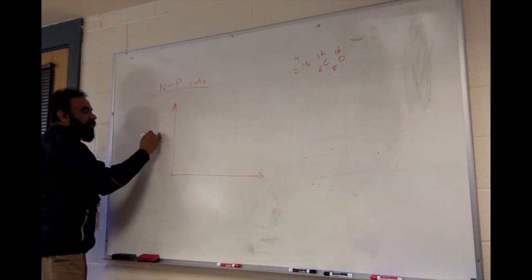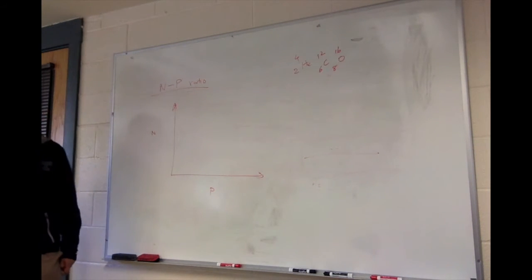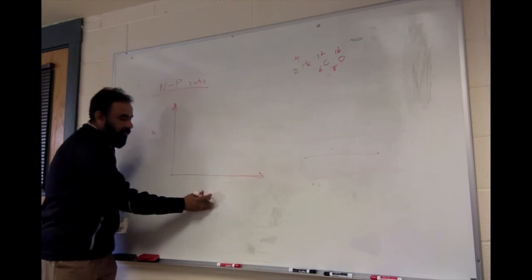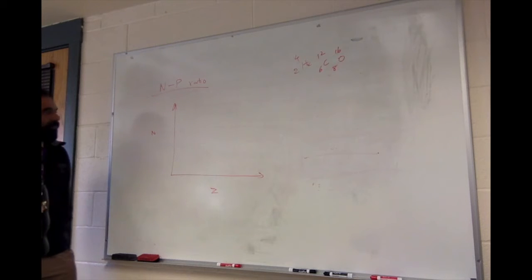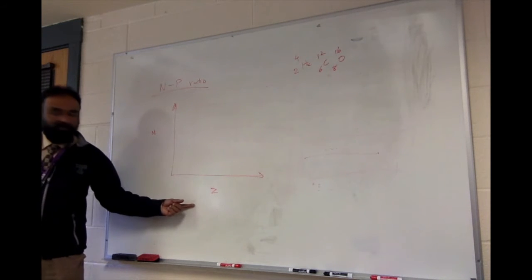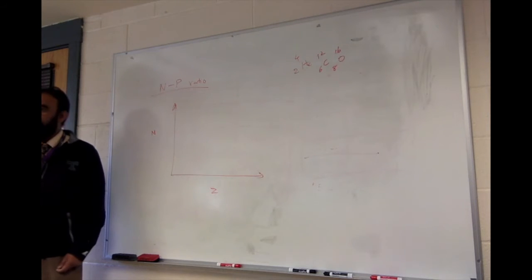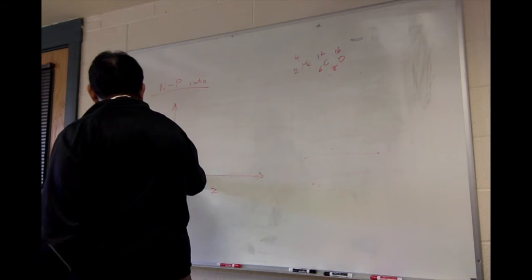So on a graph of neutron-proton ratio, the graph is initially a straight line with a 45-degree angle.